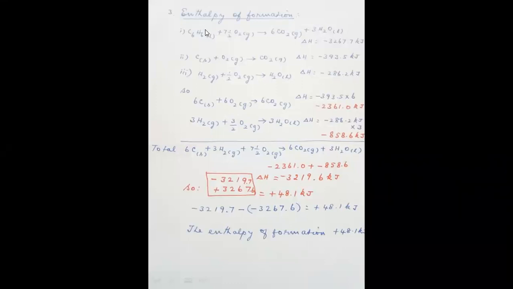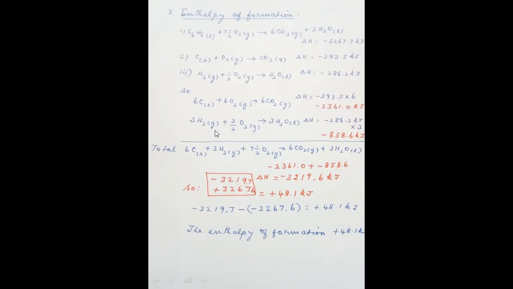But when you burn the benzene, 6 carbon atoms are burnt and 3 hydrogen molecules are burnt. So what would be the enthalpy change when 6 carbon atoms are burnt? You can multiply this value by 6 and you are getting minus 2361.0 kilojoule.